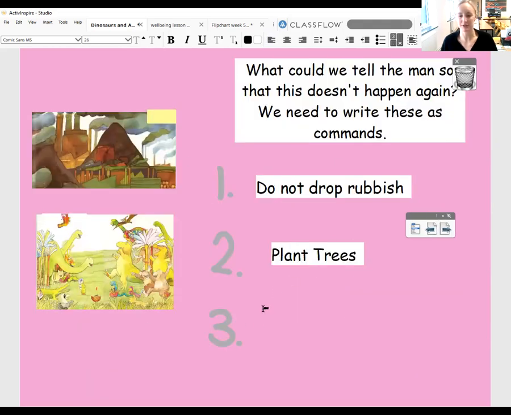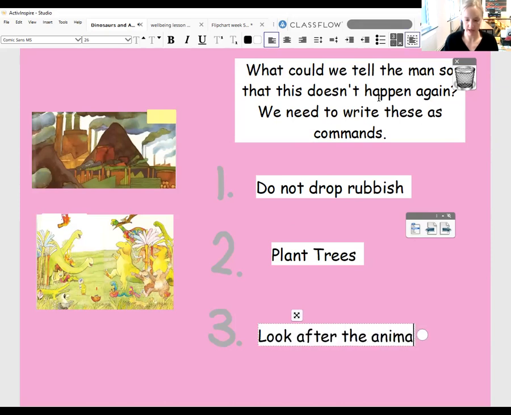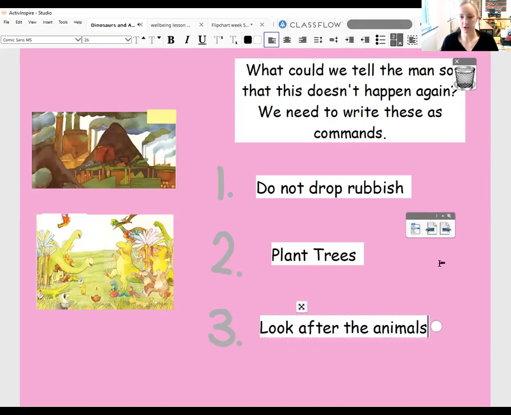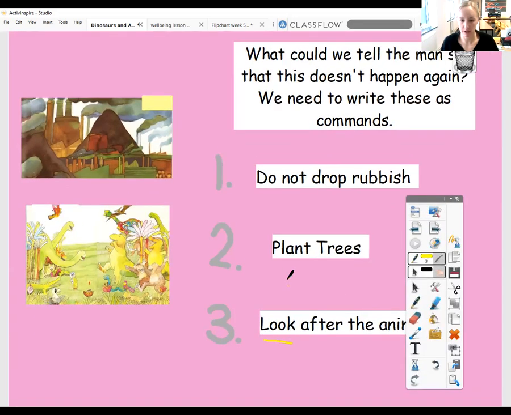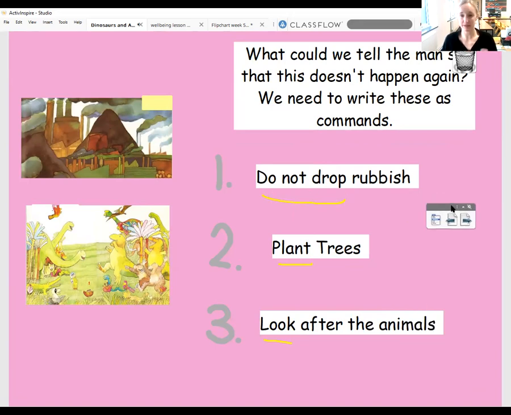Look after the animals. I'm going to choose that one. Look after the animals. Just going to check I have got my commands correct. There's my verb. There's my verb. There we go. Brilliant. So I've got my commands correct. And we're going to need these in a minute. So make sure you've written them down. Otherwise, you're not going to be able to do my writing task today.